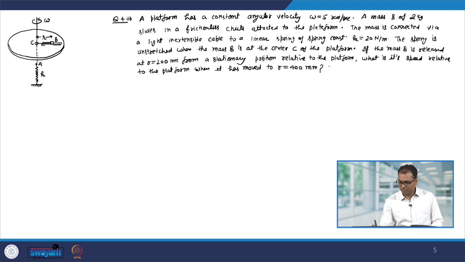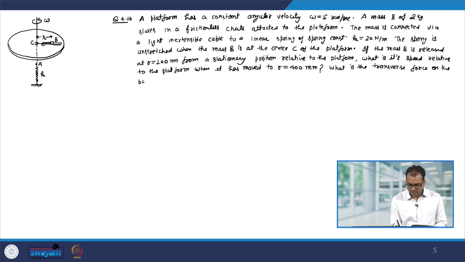And we have been also asked what is the transverse force on the body B at this position.